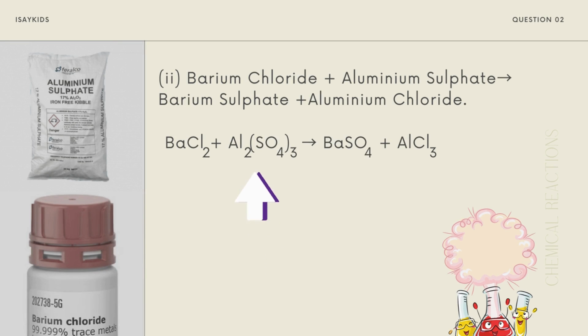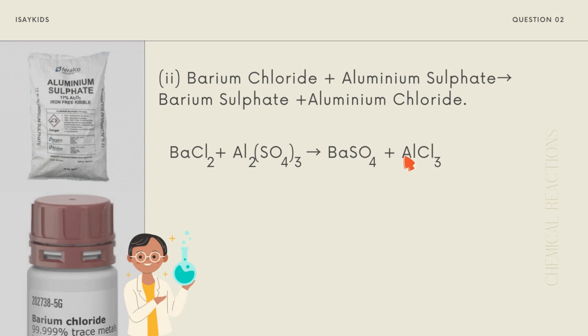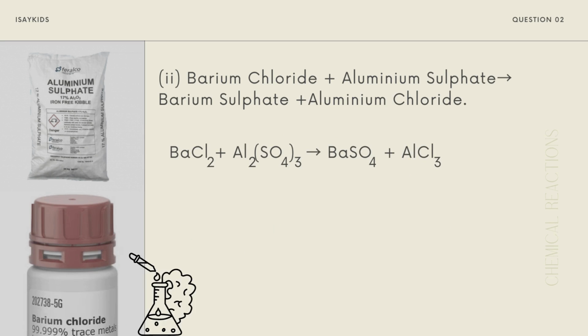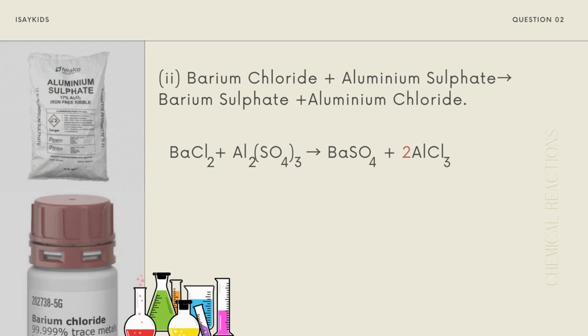Aluminium sulfate compound, we will take it first because it has more number of atoms, which is 2 atoms of aluminium present on the reactant side and 1 atom on the product side.